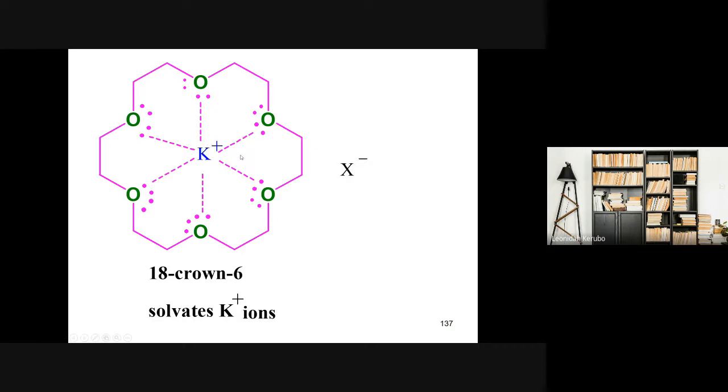Instead, when the potassium is trapped, the halide becomes free to flow and form new bonds with the electrophilic carbon, towards the formation of the product. It is known as 18-crown-6 because it has 6 oxygen atoms, and 18 because the total number of atoms in the ring is 18.